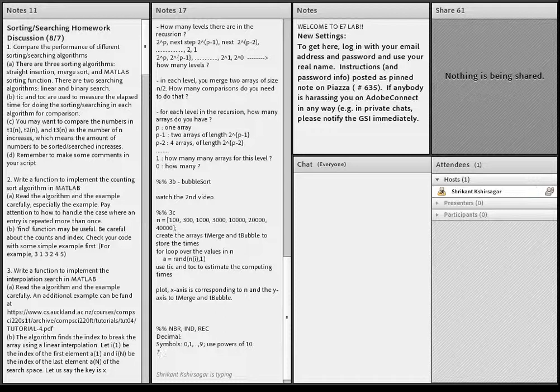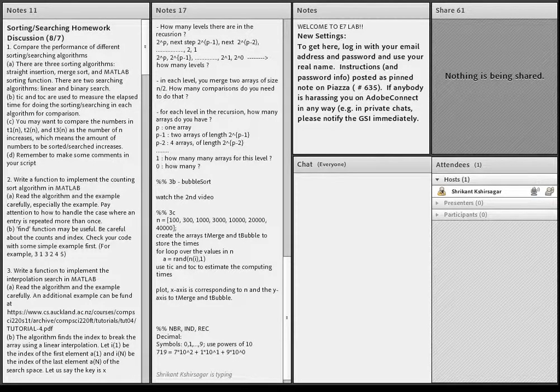So for instance, a number like 719 is basically a shorthand way of writing 7 into 10 raised to 2 plus 1 into 10 raised to 1 plus 9 into 10 raised to 0. So you already know this.